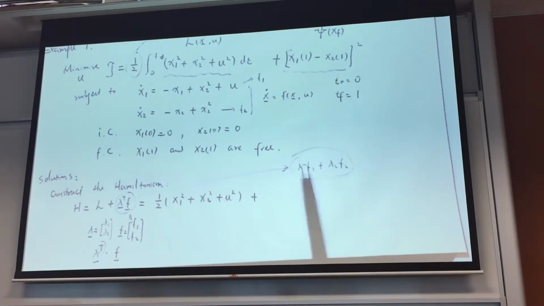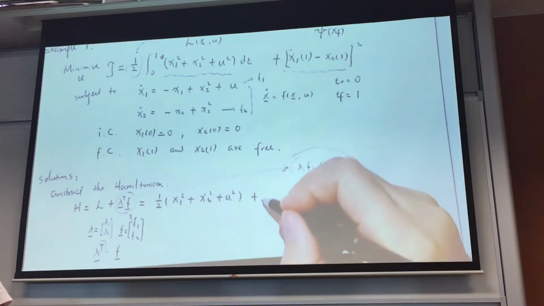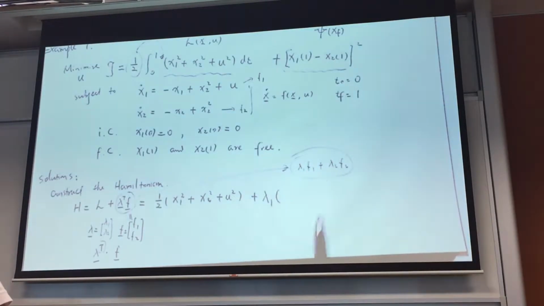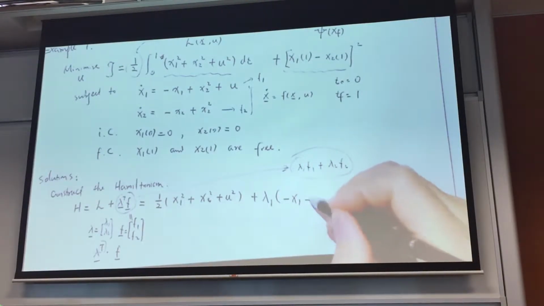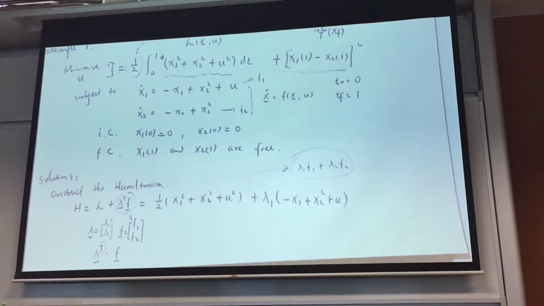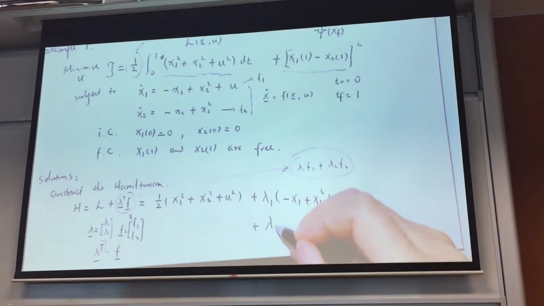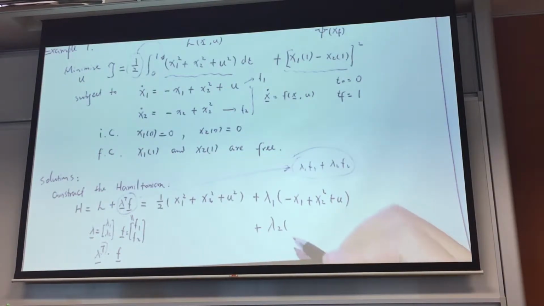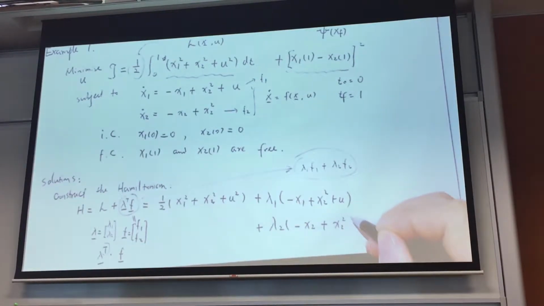So you construct all the products. So this will be plus lambda 1 f1, where f1 is given by minus x1 plus x2 squared plus u, and plus lambda 2 f2, where f2 is given by minus x2 plus x2 squared.